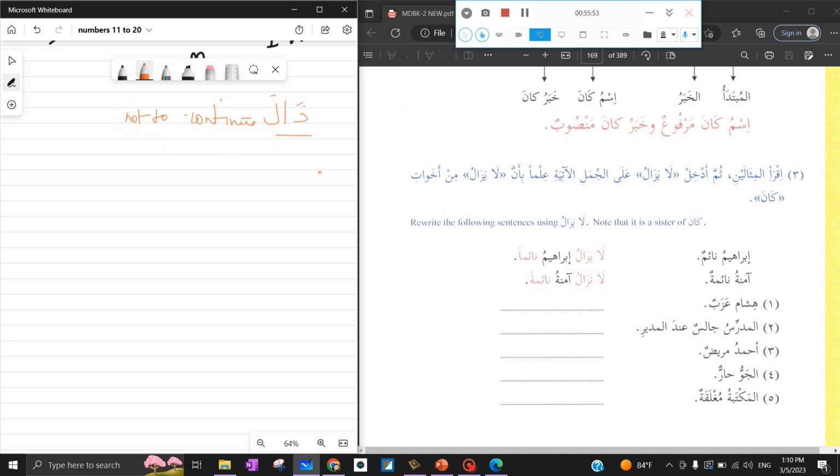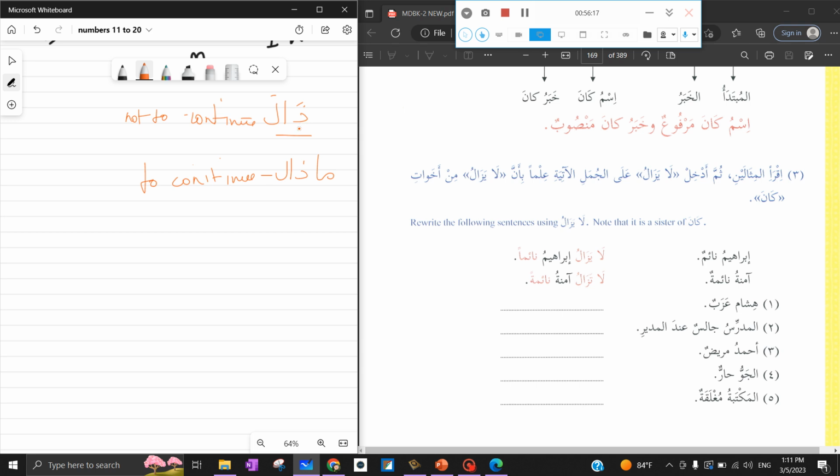And in this case it's a madi, so in madi we will put ma zala. What does ma zala mean? Ma zala means to continue. When you say zala, that means he is not continuing.